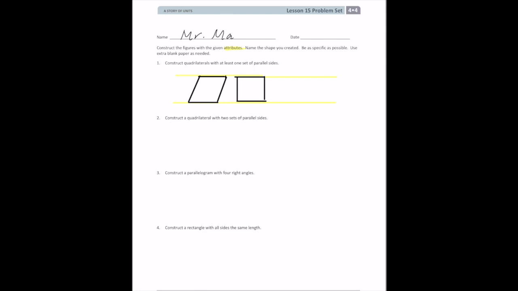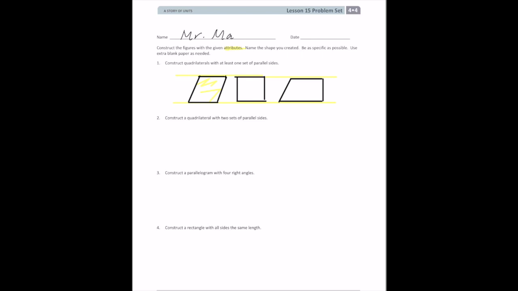You can have one that would be a trapezoid. And you notice that the rhombus, this one right here, is also a parallelogram, if you note that the opposite sides are parallel to each other. Okay, so those all qualify for number one. There's many possibilities for this answer.